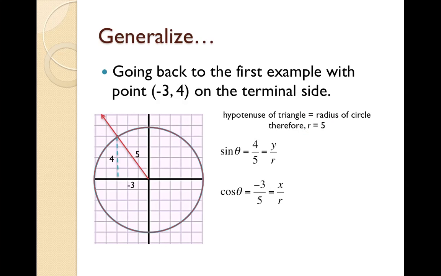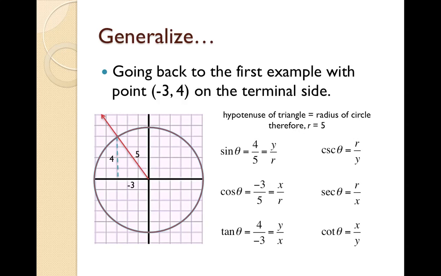And then for tangent, since tangent is opposite over adjacent, 4 over negative 3 is really just the y coordinate over the x coordinate, and so we can generalize tangent using y over x as our formula. And again, using the idea that each of these three trig functions has a reciprocal, we can then also come up with general formulas for cosecant, secant, and cotangent by simply taking reciprocals of sine, cosine, and tangent.